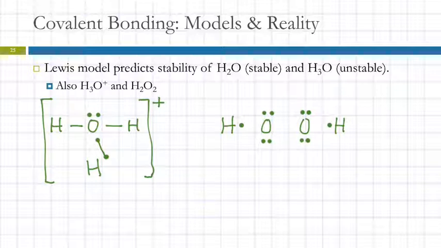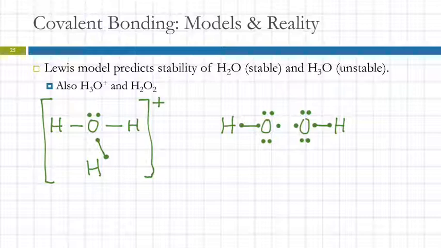Each of the oxygens has 6 electrons. And then we see, well, how can we share to get octets? Well, the oxygen can share with hydrogen, so that hydrogen's happy. This oxygen can share 1 with the other hydrogen, that hydrogen's happy.